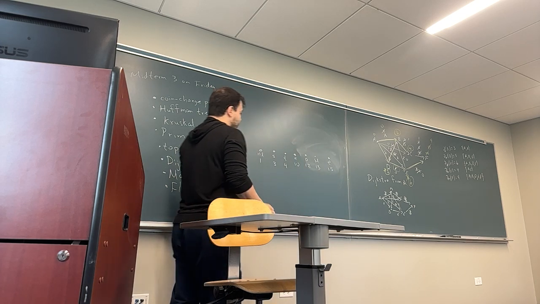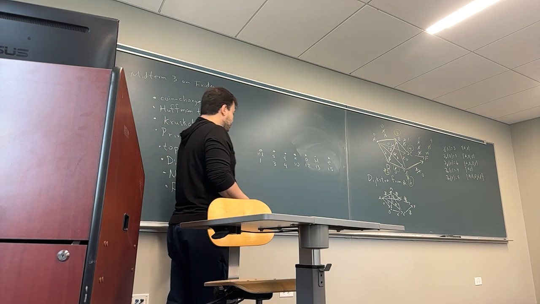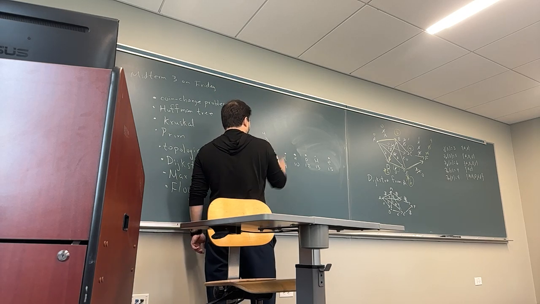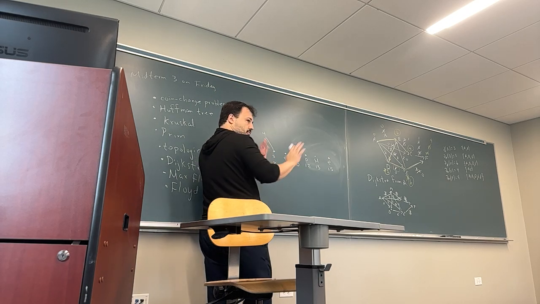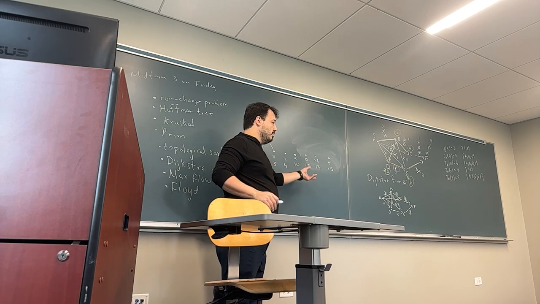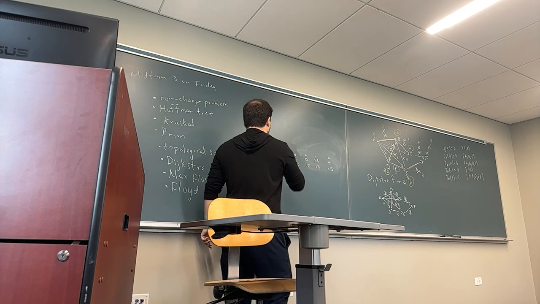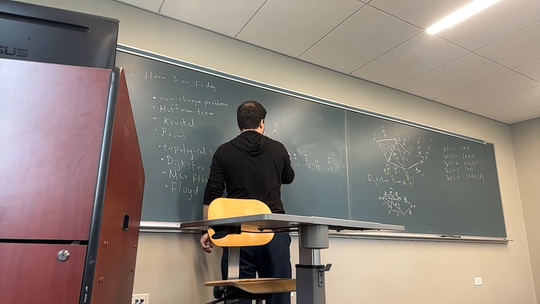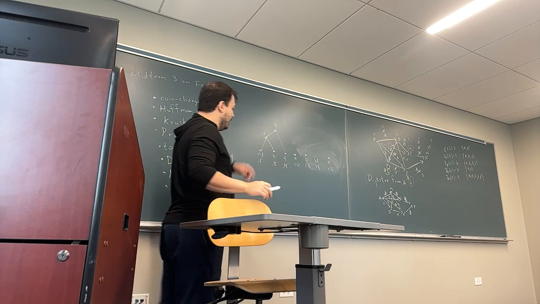Okay, so you grab the two smallest numbers, those are 1 and 3, and you join them together. And you add them. So now you forget about them. Now you look at the numbers left, the two smaller numbers are 4 and 4. So you join them. Okay.